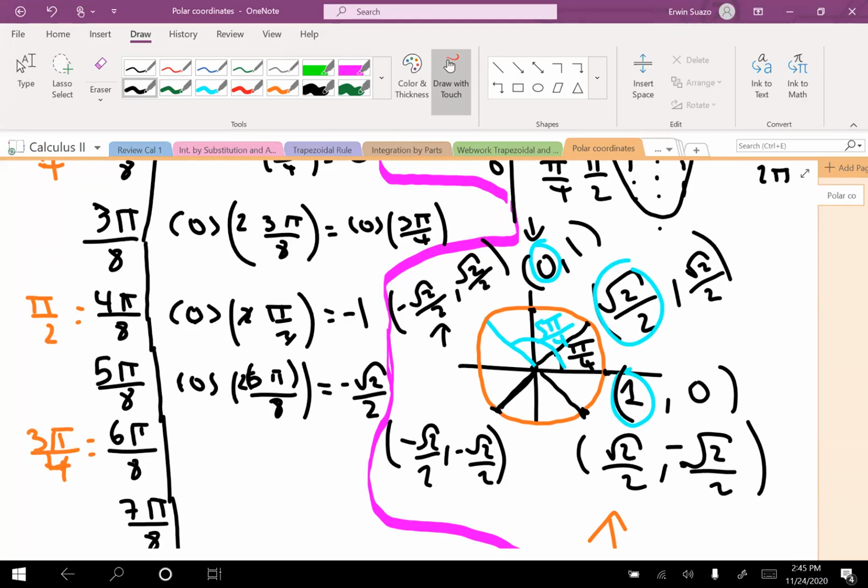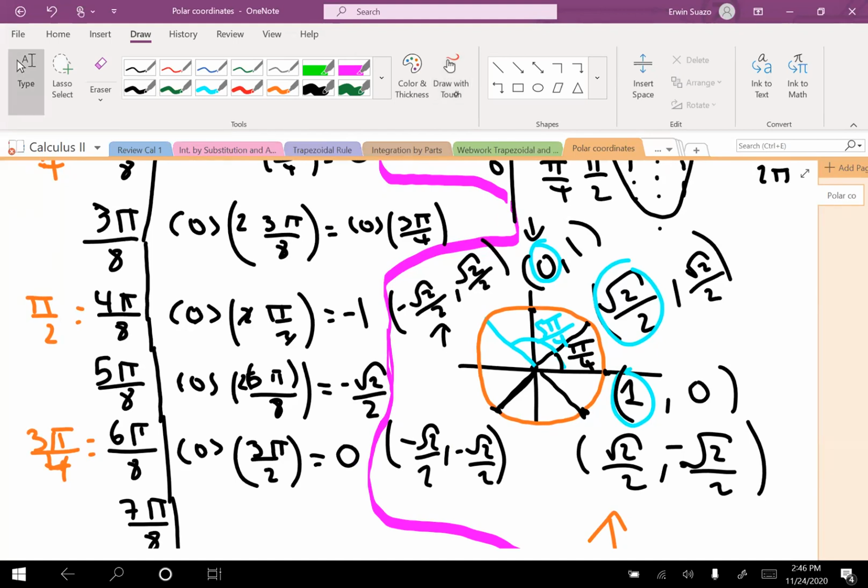And then cosine of 2 times 3 pi over 4 is cosine of 3 pi over 2. What is that? Cosine of 3 pi over 2 is 0, because cosine of pi over 2, 3 pi over 2 is 0.